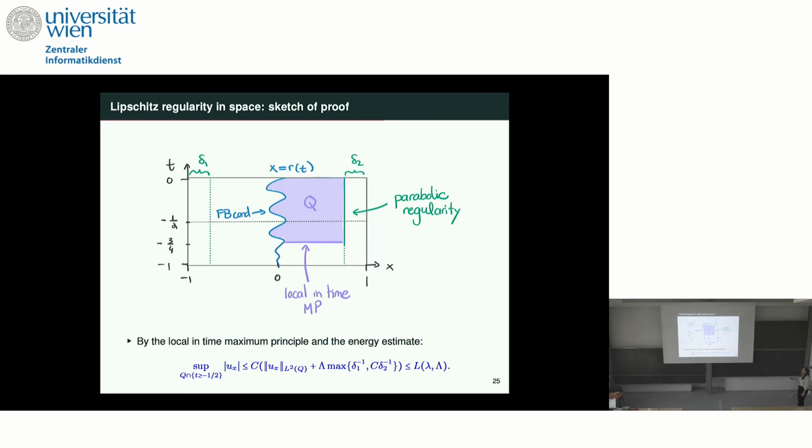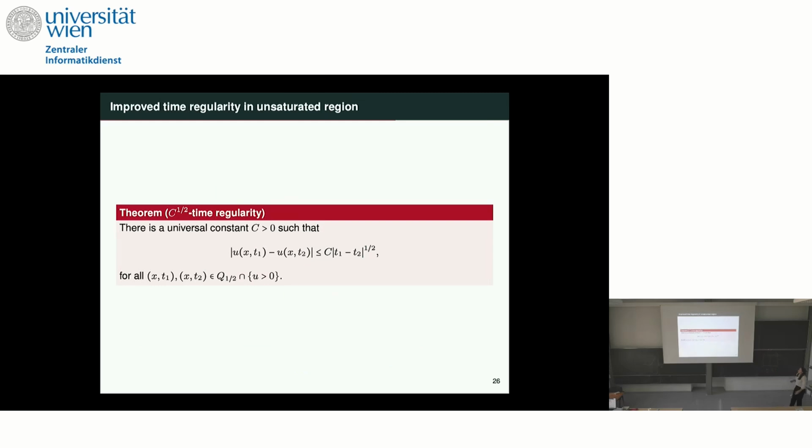Then a little bit more in the future, so after this dashed line, in this region, it will be universally bounded. Okay, so that's the proof.